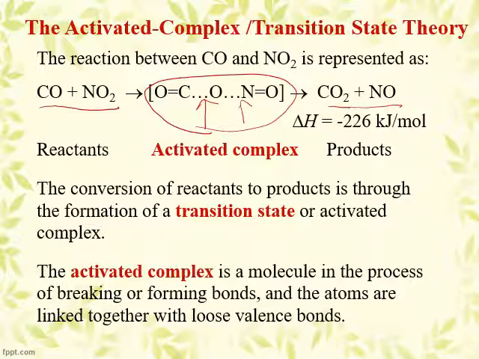Because the carbon from carbon monoxide here is going to form a bond with oxygen from nitrogen dioxide, and one of these oxygen from the nitrogen dioxide is breaking off. So this is the point of the activated complex.